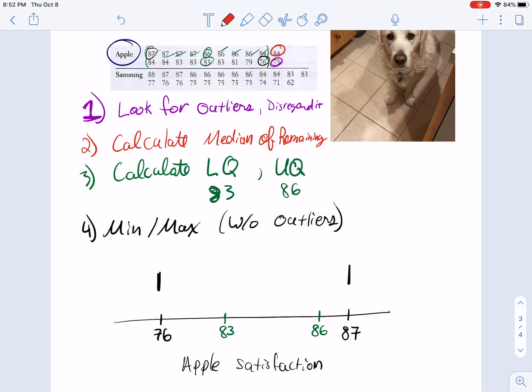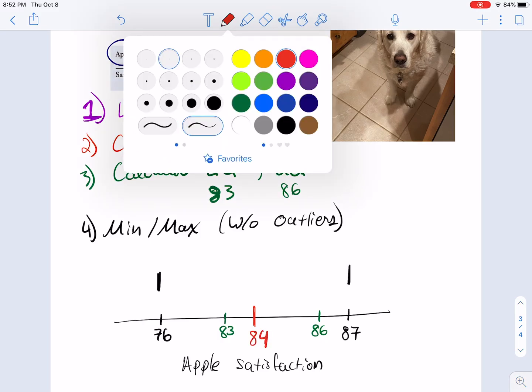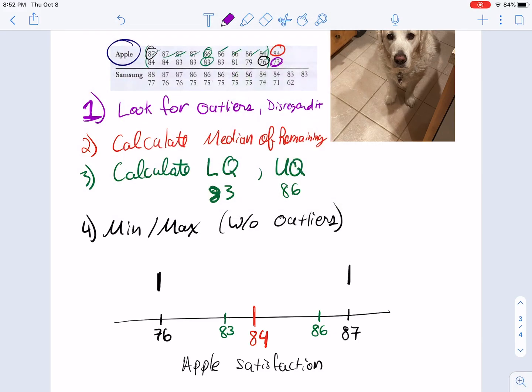So it's like over here somewhere, 84. And then finally, we do the outlier, so here 73. And we can think of it as like maybe we draw a little star or a little point or something. It's just something we include on the graph, but it's not part of our box and whisker plot.